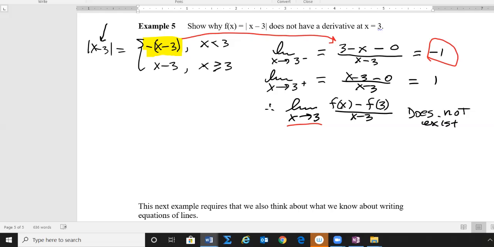And then over here, second part, I'm going to work with the function where x is greater than 3. So that would be this piece of the function here. So I'm using this piece. And notice what happens in my quotient here. I just end up with a 1.